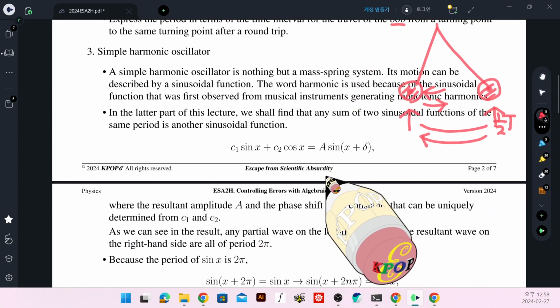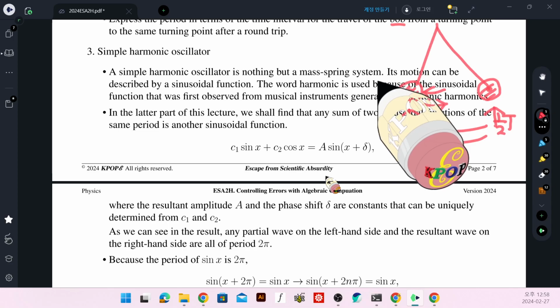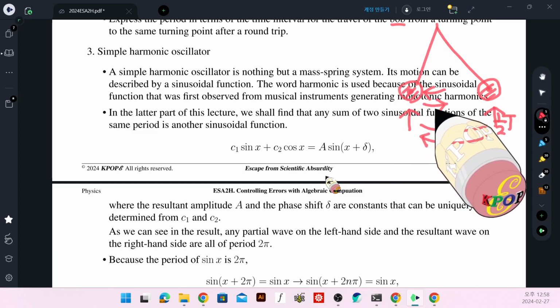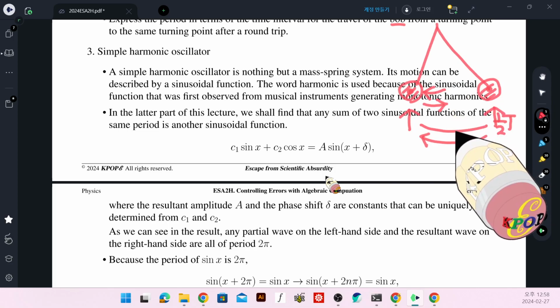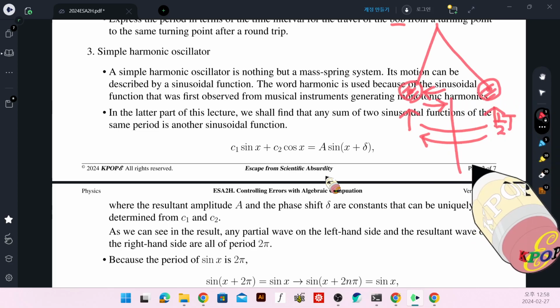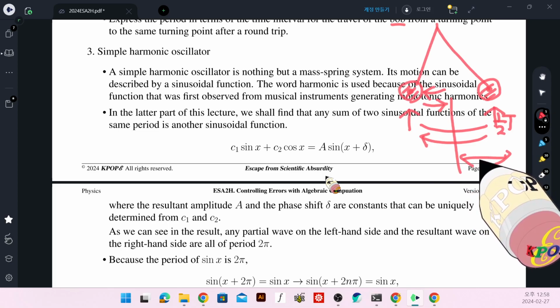Simple harmonic oscillator. A simple harmonic oscillator is nothing but a mass spring system. Finally, we will eventually identify that the motion of this pendulum is identical to that of the simple harmonic oscillator as long as the amplitude is very small.